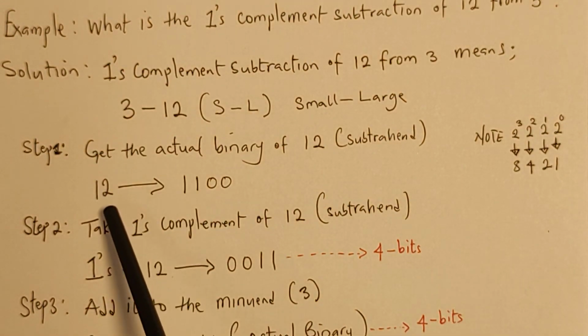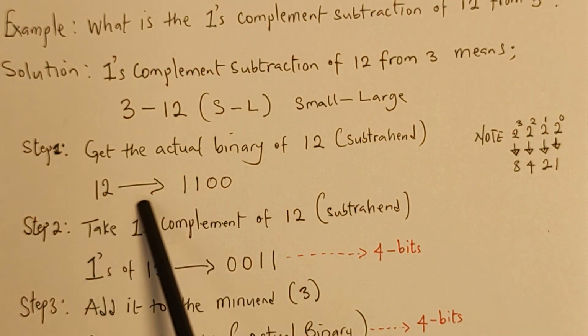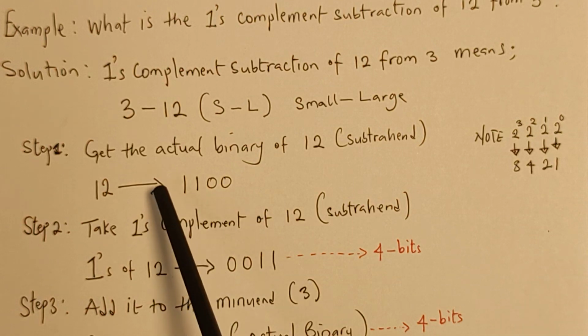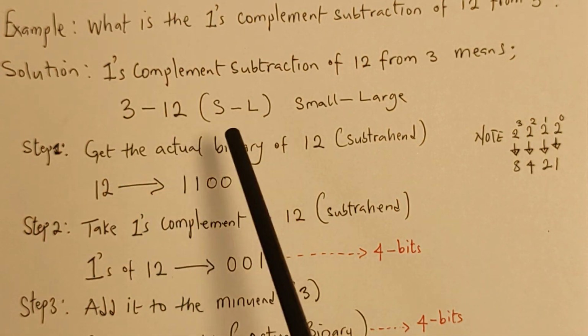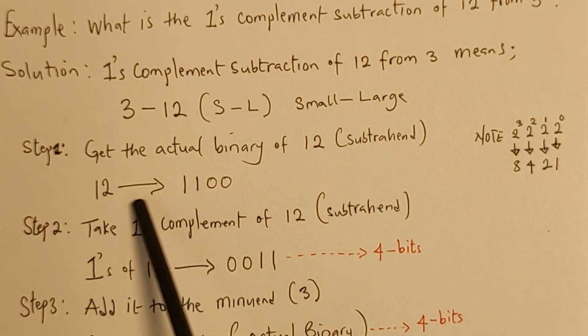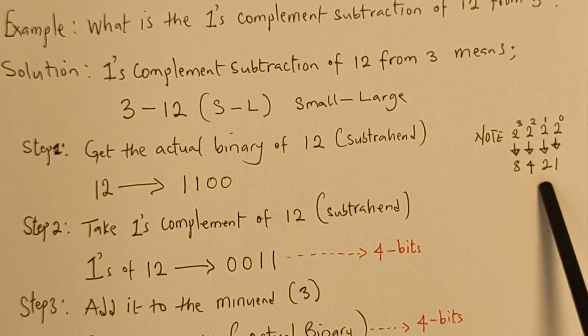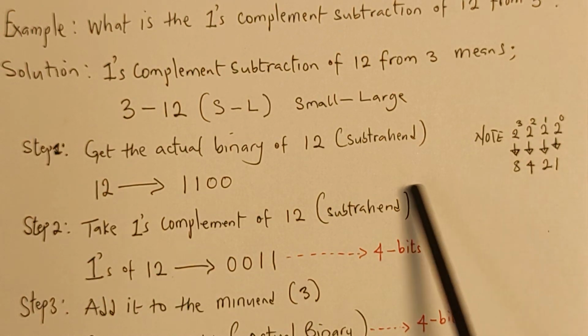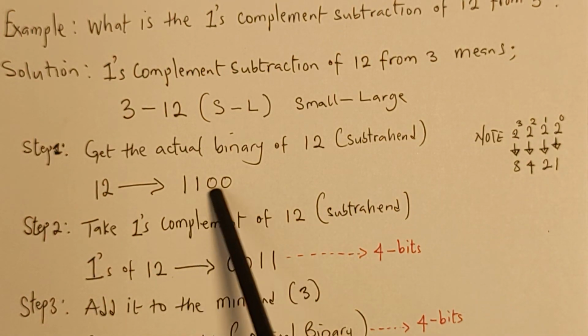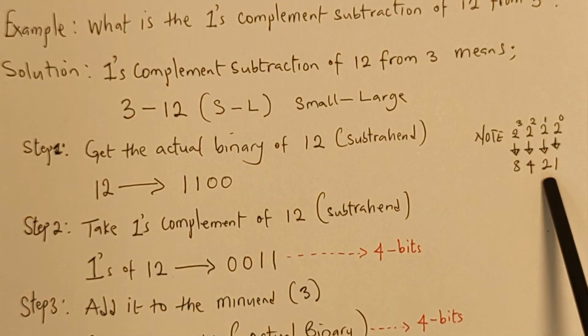Because this is binary subtraction, whatever operation we're going to be doing, we have to convert the decimal value into its binary equivalent. In this case, the equivalent of 12 in binary is 1100. Now, the minimum number required to represent 12 is 4 bits. So that is why we are using this.